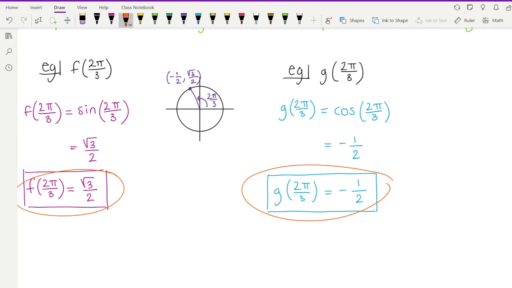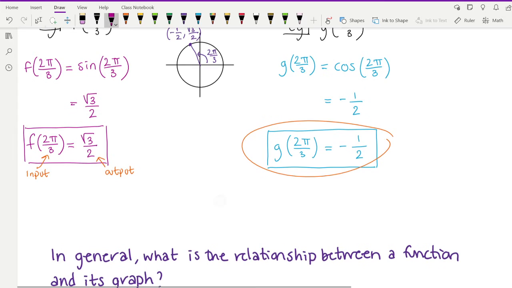So basically, it's the same idea as what we were doing below, right? We have our input here, and we have our output here. And so we know that points that lie on the graph of f of t is equal to sine of t are going to have the form input comma output.